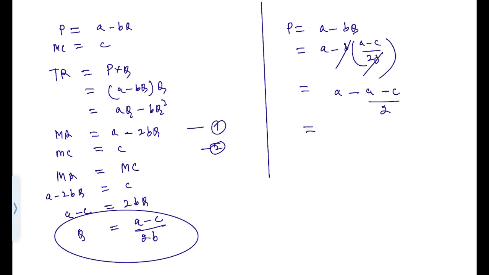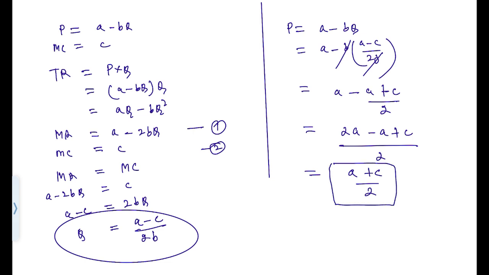Further calculating, this is (2a minus a plus c) upon 2, which equals (a plus c) upon 2.